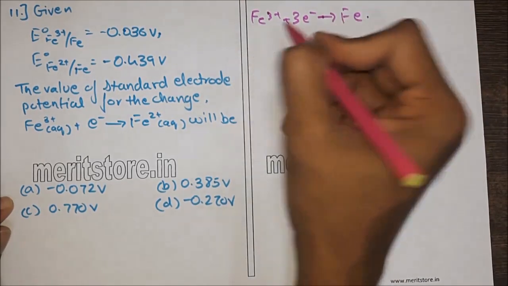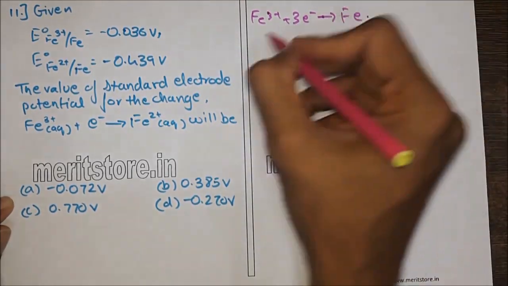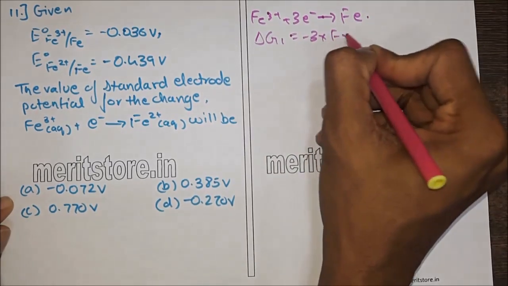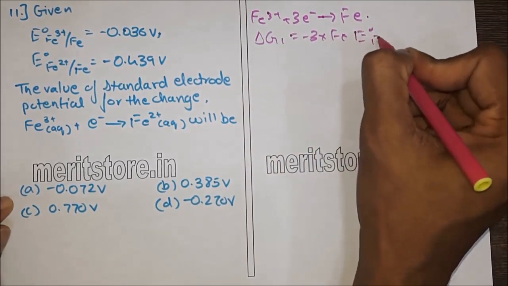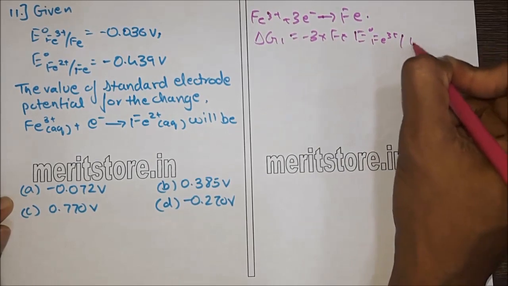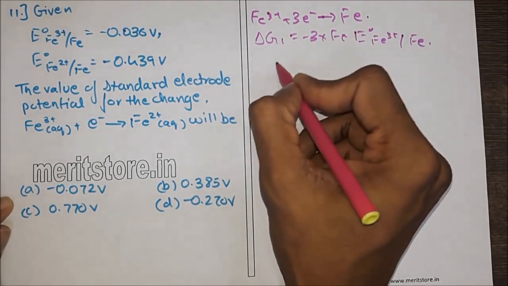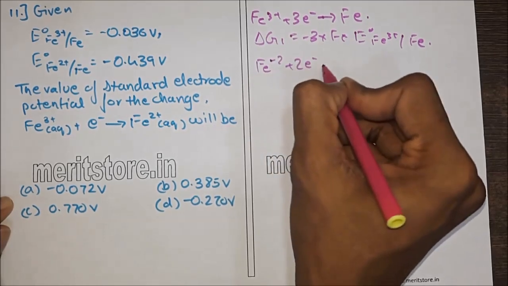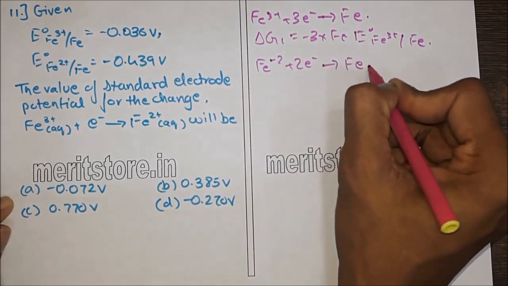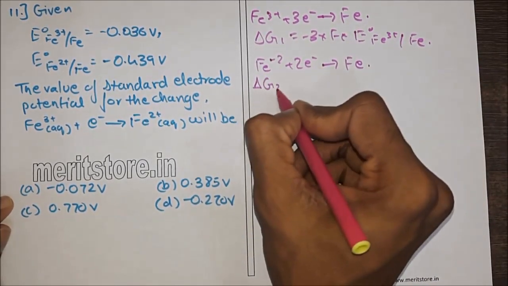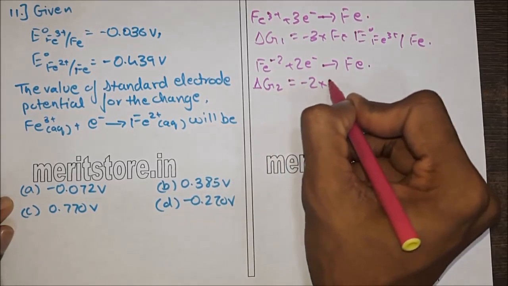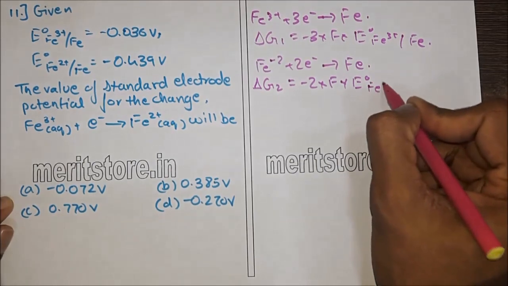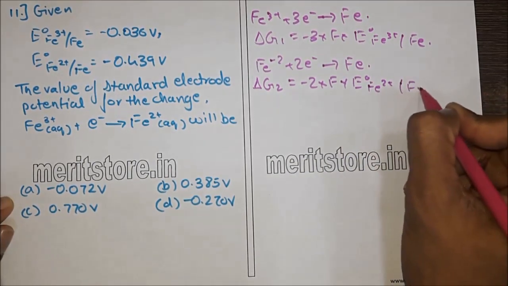So the Gibbs energy will be delta G1, which is equal to minus 3 into F into E0 Fe3+/Fe. So for Fe2+ plus 2e gives us Fe. So delta G2 gives us minus 2 into F into E0 Fe2+/Fe.